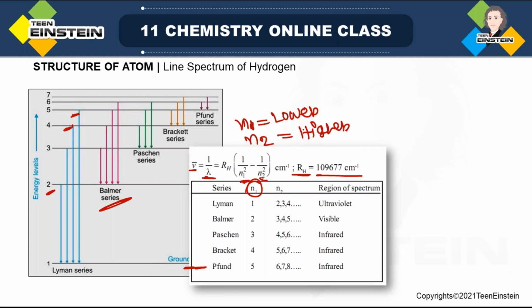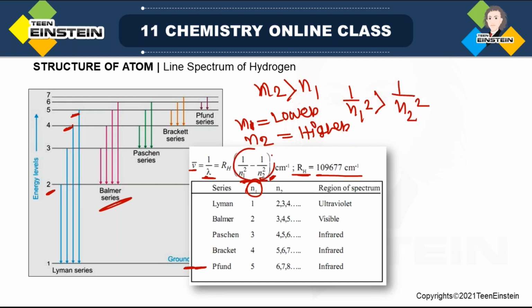So with n1 lower, the denominator is lower for 1 by n1 square. But compared to that, if you consider 1 by n2 square, as n2 is always greater than n1, 1 by n2 square will be small. So as n2 is always greater than n1, 1 by n1 square will always be greater than 1 by n2 square.